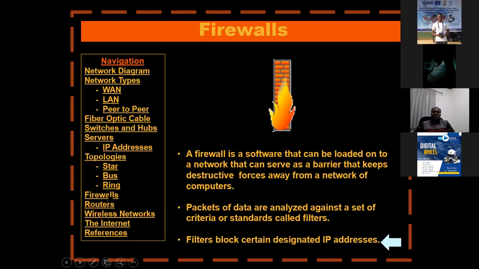Just instruct the firewall. Once you instruct the firewall, automatically these things are carried out according to your instructions. So packets of data are analyzed against a set of criteria or standards called filters. So that is how these things are done on the firewall. So the firewall can either be a hardware or a software.